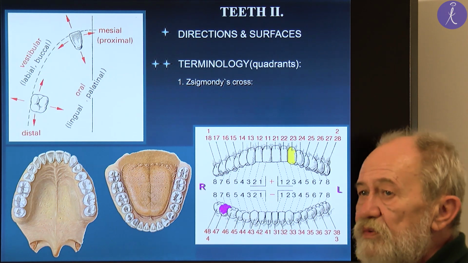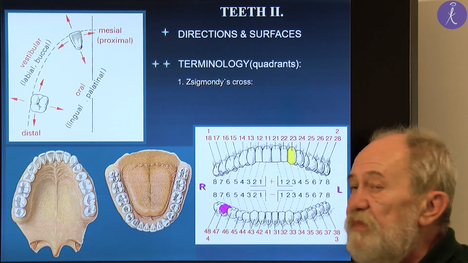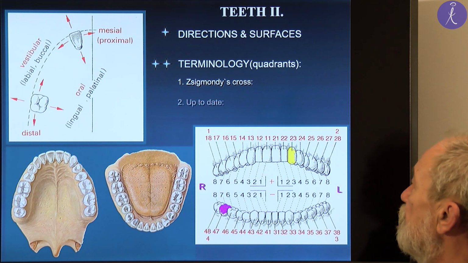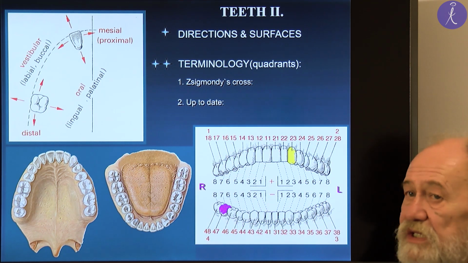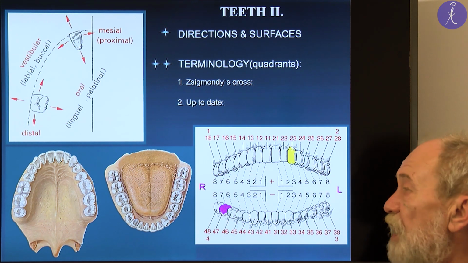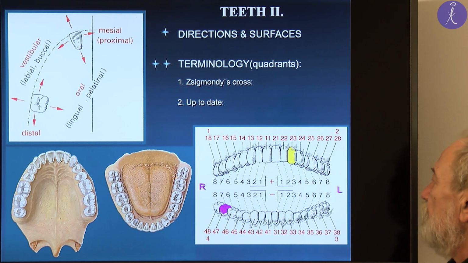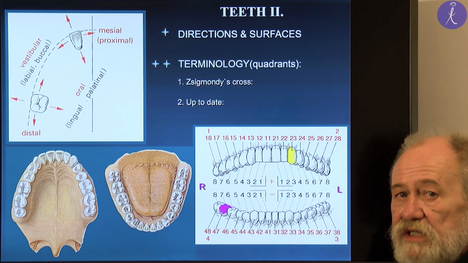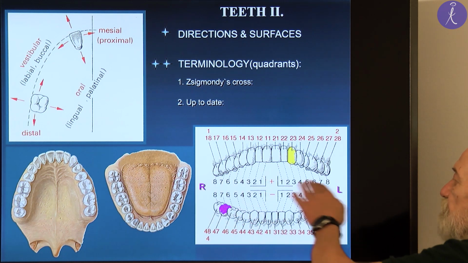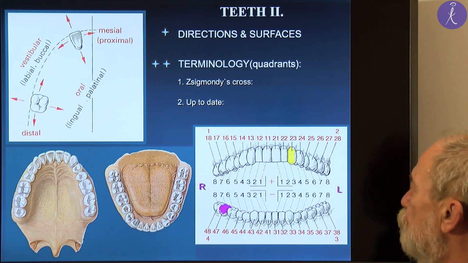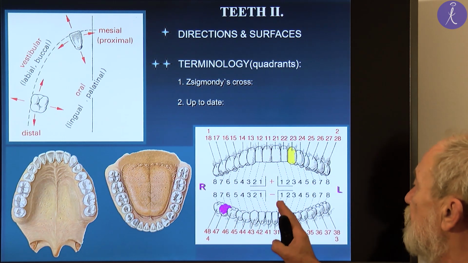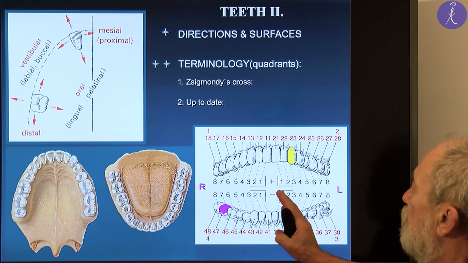To determine one tooth, two different methods are used. One is the Zsigmondy's cross, and the other is the much more recent, up-to-date terminology. The Zsigmondy's cross is practically a cross imagined in between the two rows of the teeth, cutting them into halves.